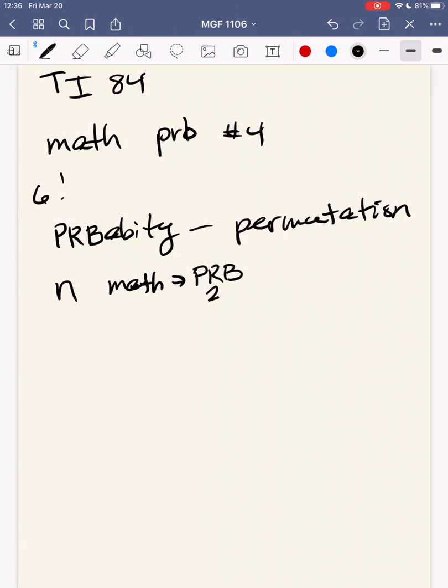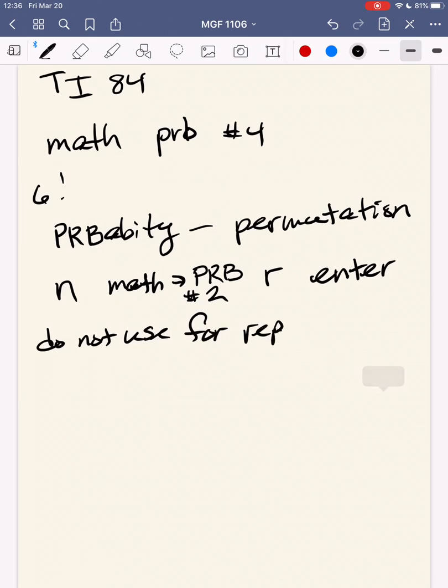This is number 2, so probability is number 2. Put your R in, and then hit enter, and it will give you your permutation. Do not use this for repeats. This is very important because it's a whole different formula. Do not use this for repeats.